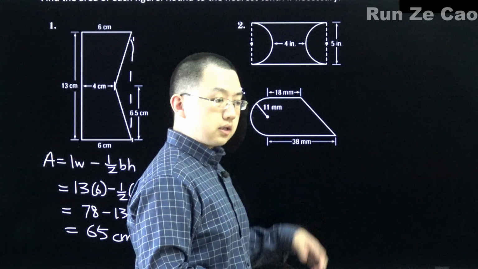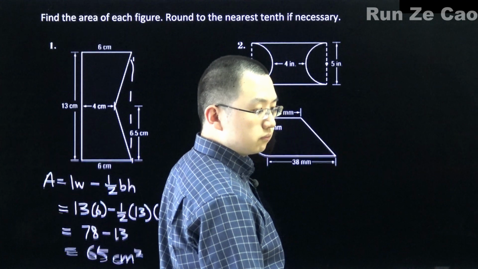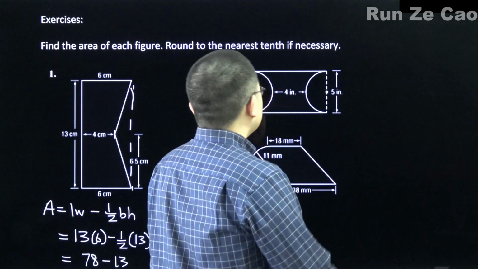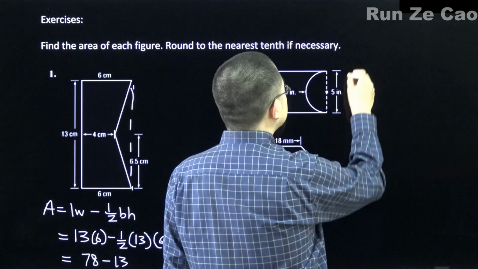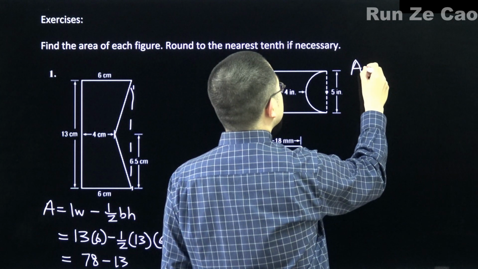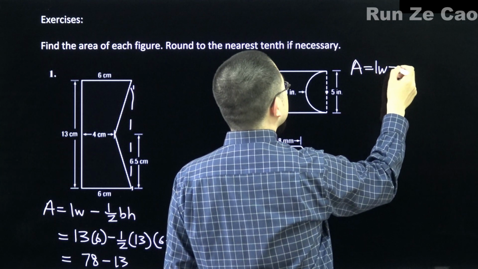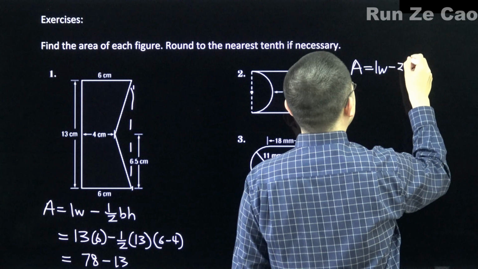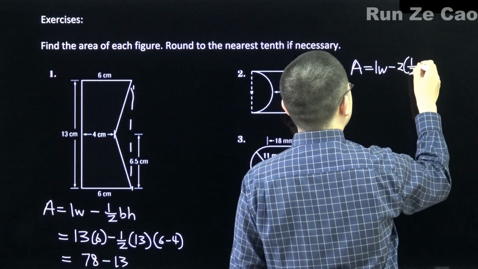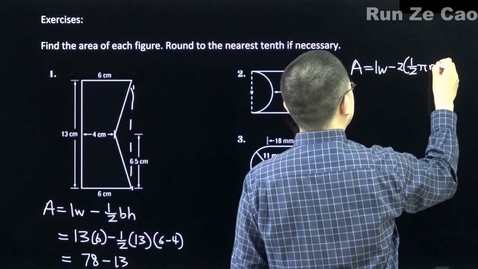Okay, what about this diagram? Well, it's a rectangle minus 2 times 1/2 pi r squared.